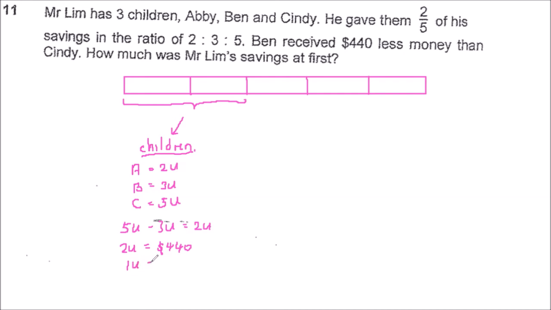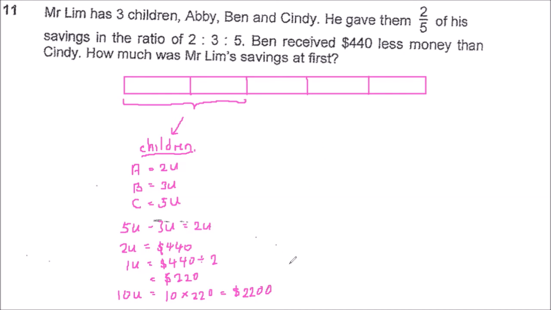So 1 unit will be just 440 divided by 2. And we will have 220. And of course, altogether there are 10 units, right? So 10 units will be 10 times 220. I will get 2200.